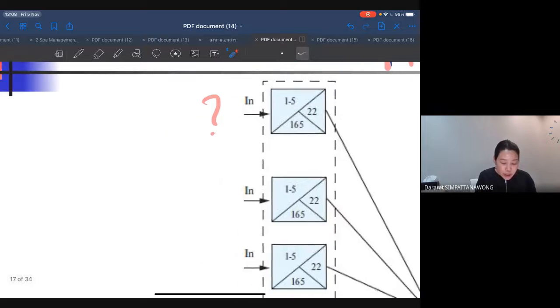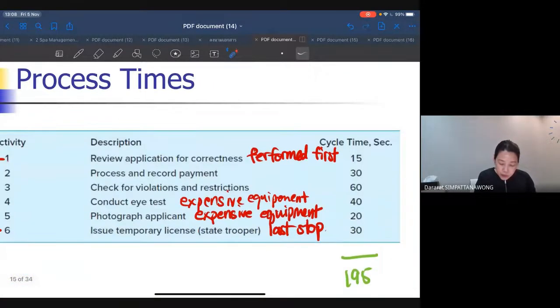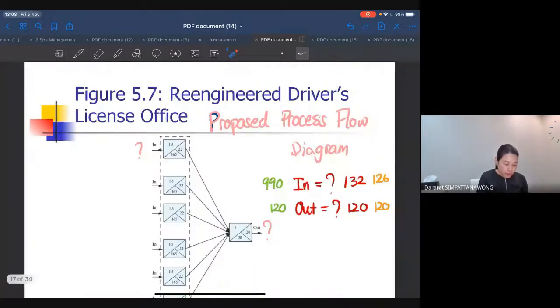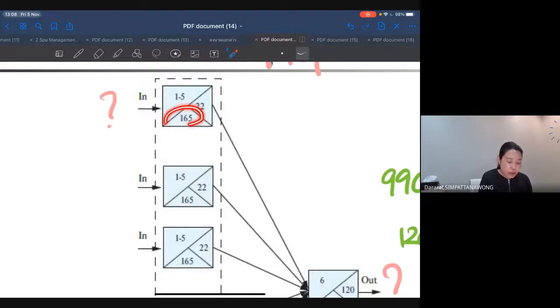Okay, so the 165 comes from the cycle time from step 1 to step 5 here: 15 plus 30 plus 60 plus 40 plus 20 equals 165. So that's referred to as 165 here.